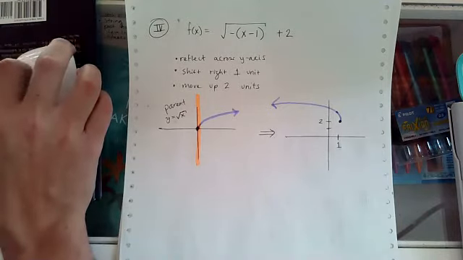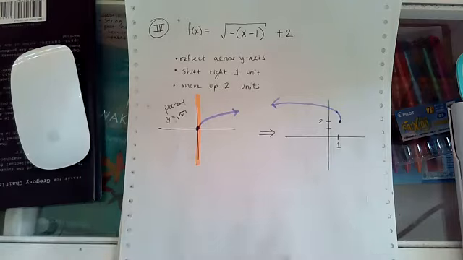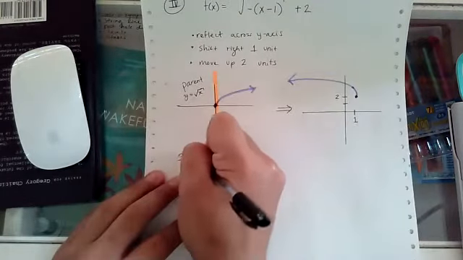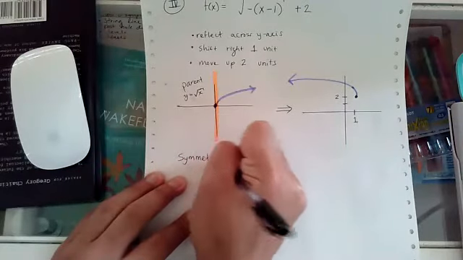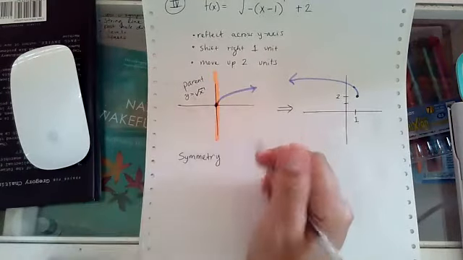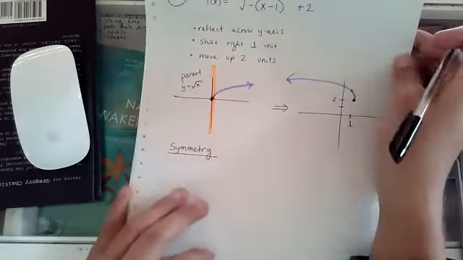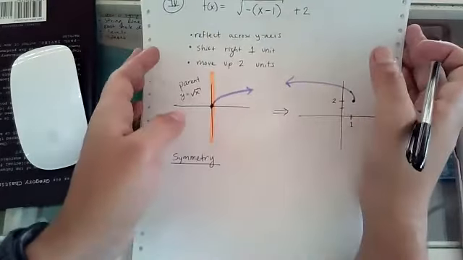Let's do this. So when we talk about graphs, we're going to be talking about symmetry just briefly. And the idea of symmetry in mathematics is very similar to the way you think about symmetry to begin with.